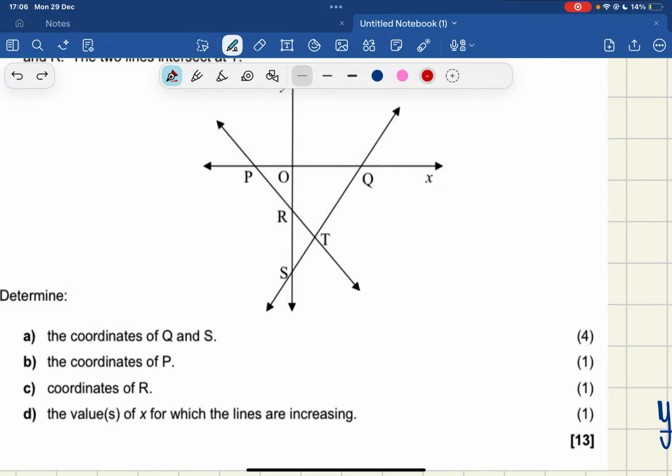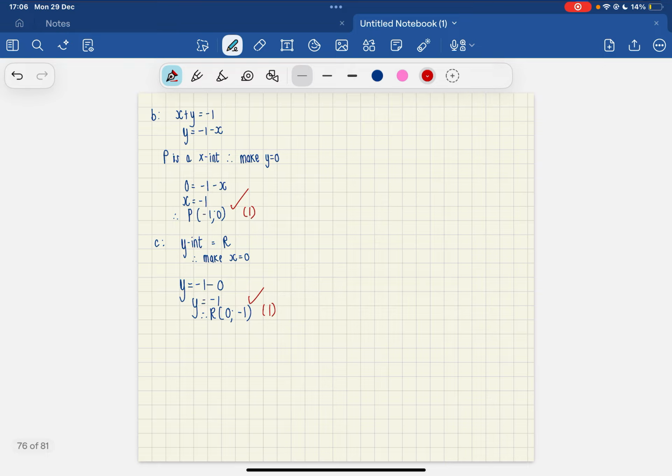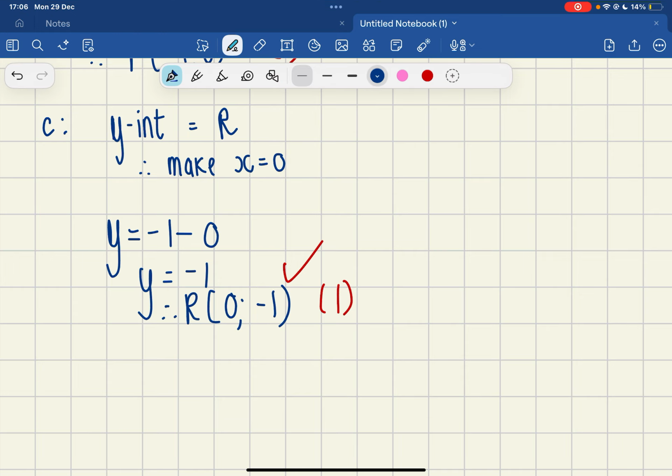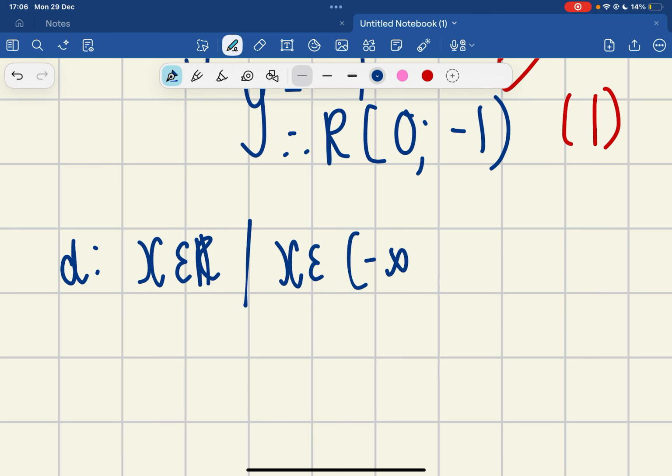When they talk about the values of x, they're essentially talking about the domain. And boys and girls, I taught you the domain for a straight line will always be as such: x is an element of the reals, or x is an element of negative infinity to positive infinity. That's your quick 1 mark.